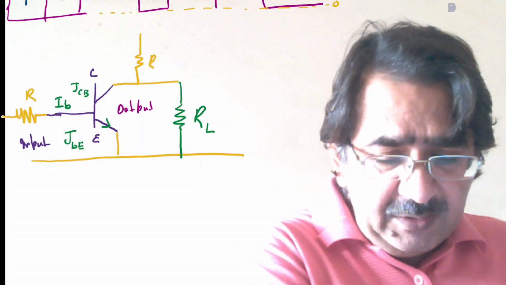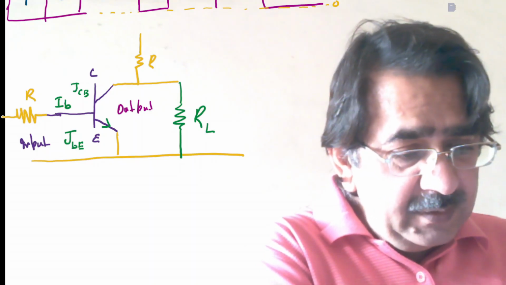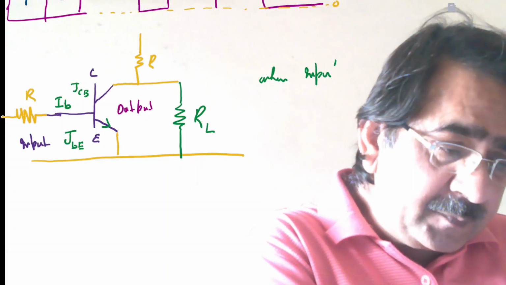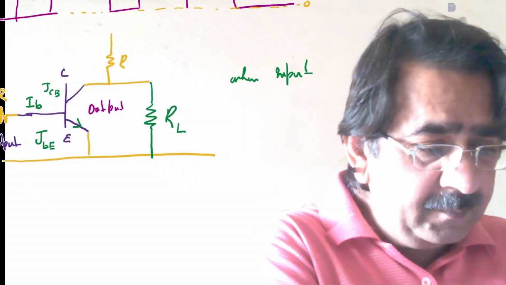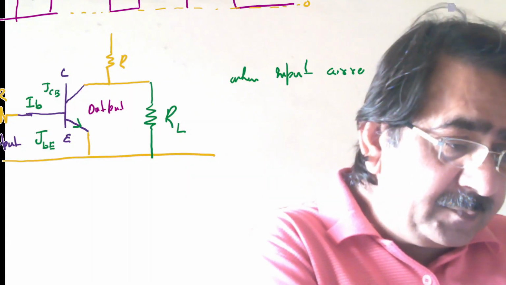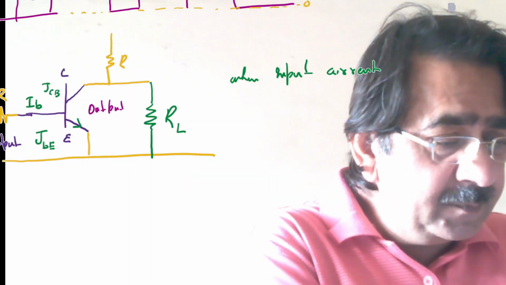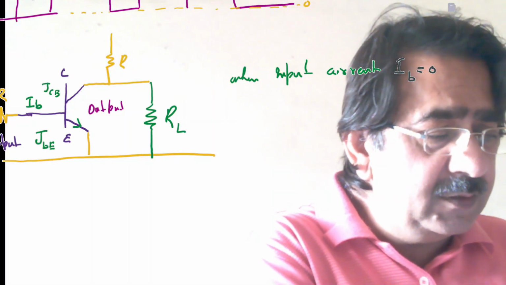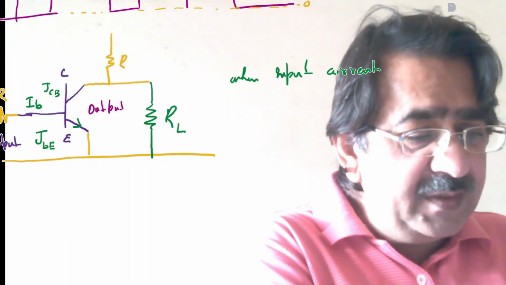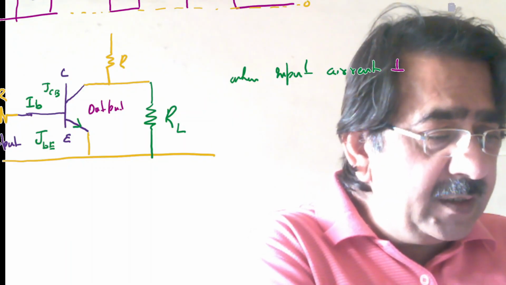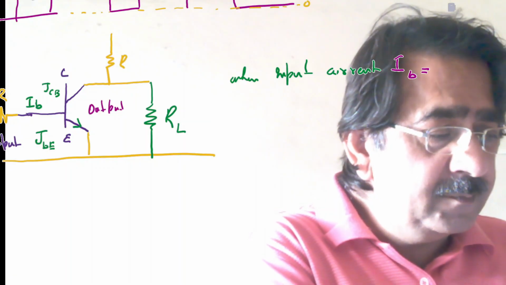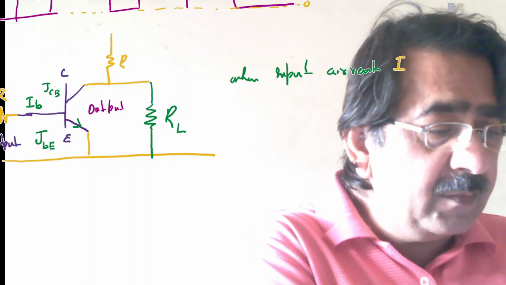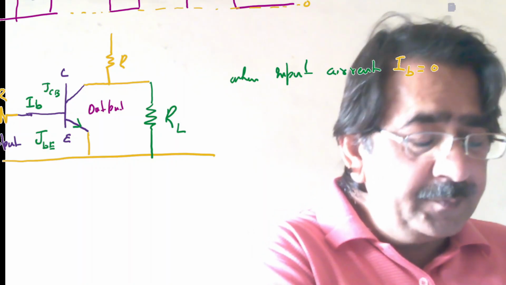As we know, when the input current IB is equal to 0, firstly I start from IB equal to 0.